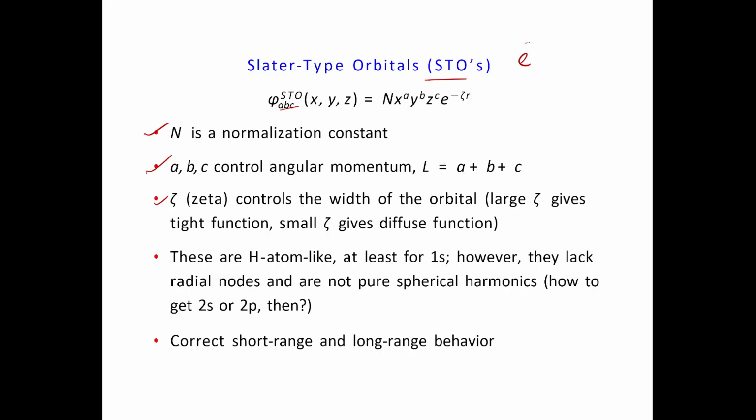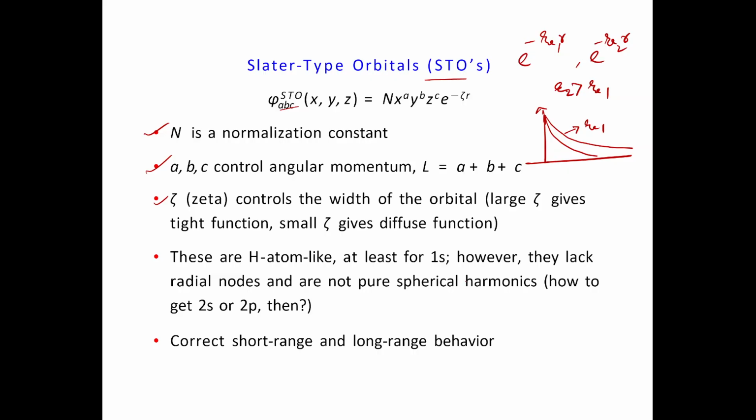Let's say you have e to the power minus zeta 1 r, and e to the power minus zeta 2 r. If zeta 2 is greater than zeta 1, how will the function look? This one falls like this, and this will be your zeta 1 because its coefficient is smaller. So it will go to the asymptotic limit very slowly.